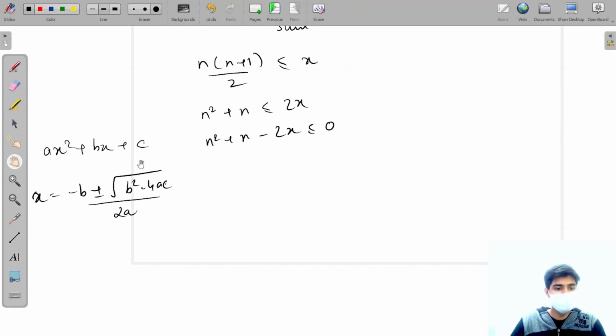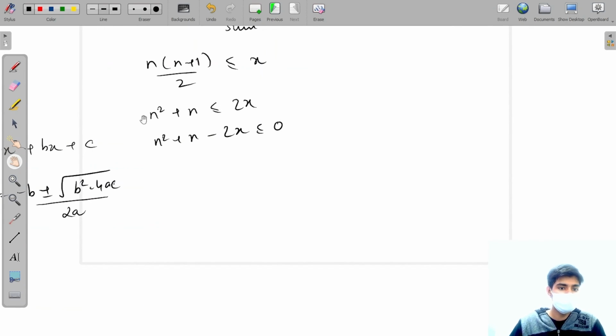This was my root. So here, n is equal to minus b, and b is 1, so minus 1 plus under root. I don't have to take the minus part because my jumps will always be positive.